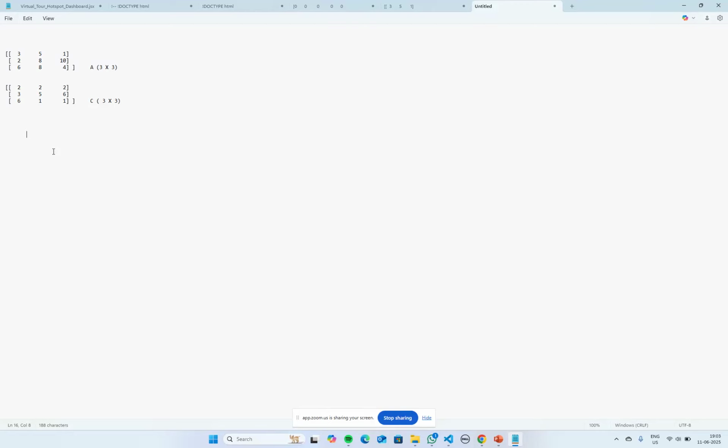We have a constant and then we consider the whole matrix. Similarly, each element we take, we have to multiply with all the values. I'll teach how we do that. We'll consider this first row, 3, 5, and 1, multiplied with all the values.